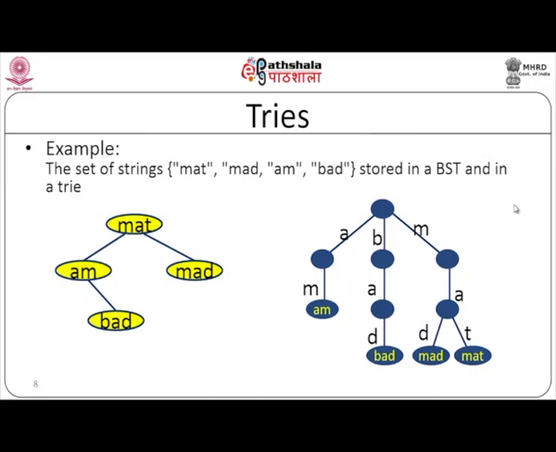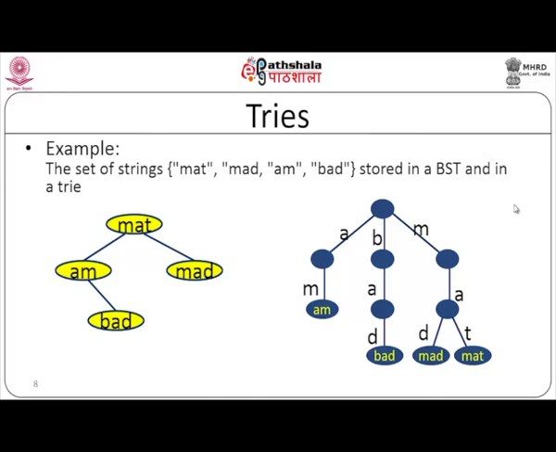Now, let us look at this as a trie instead of a binary search tree. What we have is the first root node, and with the root node you will associate the alphabets that come here. There are 3 starting prefixes, A, B and M. So, you put A, B, M, note that they are in alphabetic order.